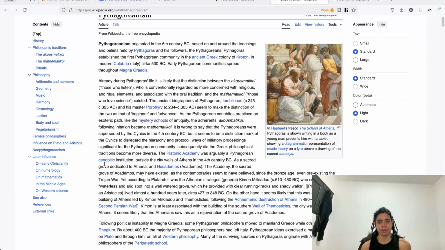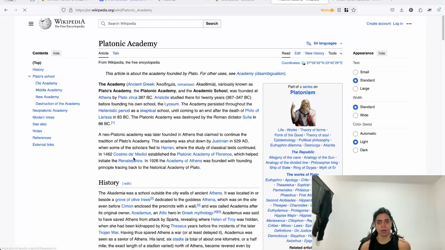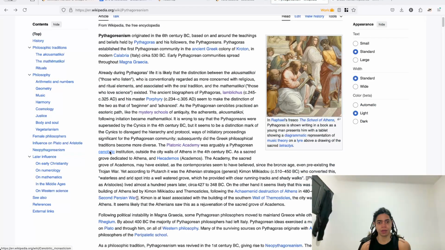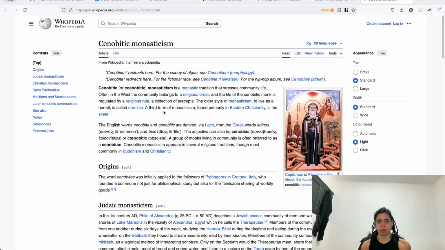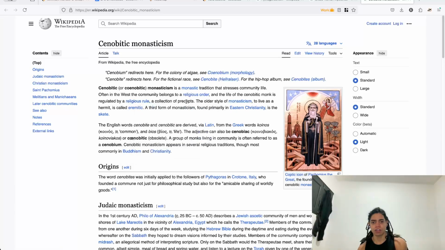What does it mean, Cenobitic, bro? Cenobitic. Monastic, that stresses community life. Often in the West, the community belongs to a religious order, and the life of the Cenobitic monk is regulated by the religious rule, a collection of precepts.